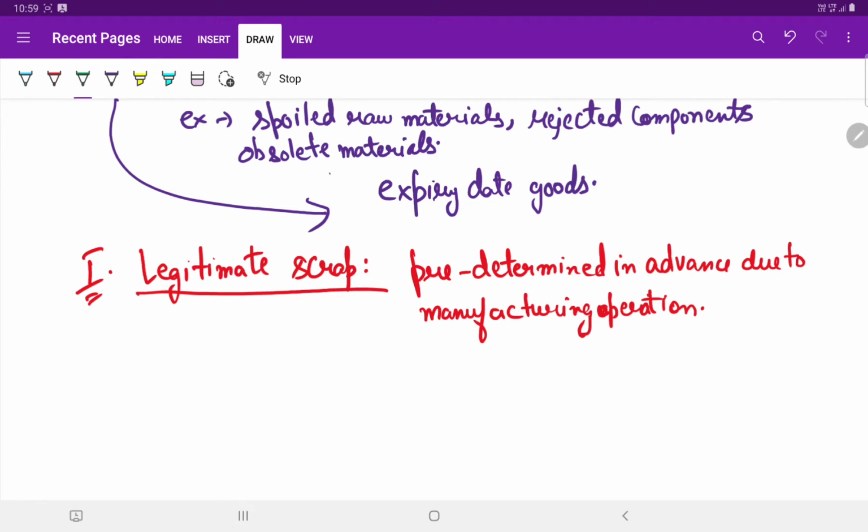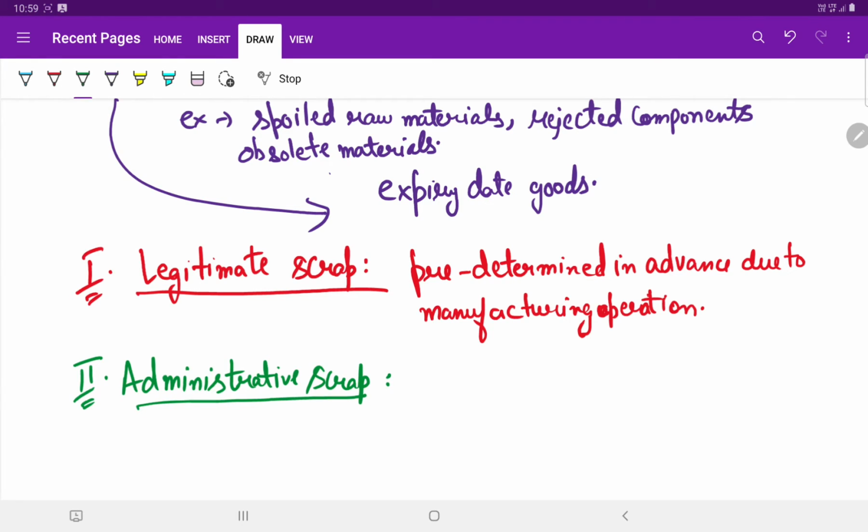Then comes the administrative scrap. So what is this administrative scrap? Now this scrap results when material becomes obsolete due to change in design.